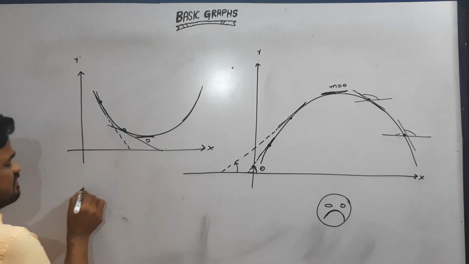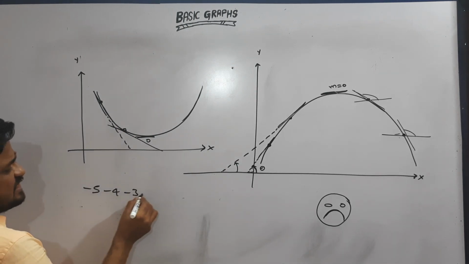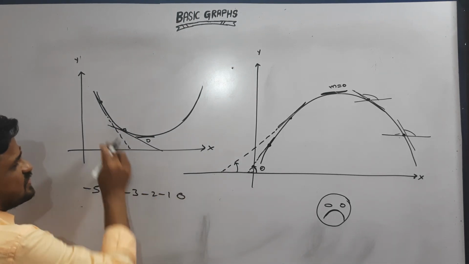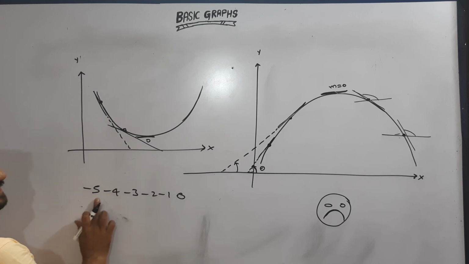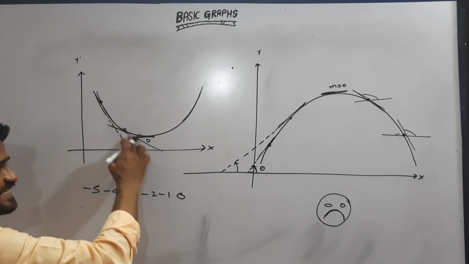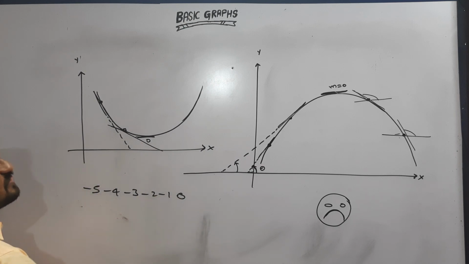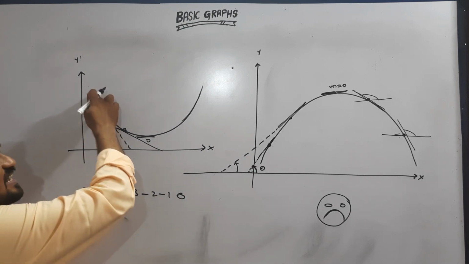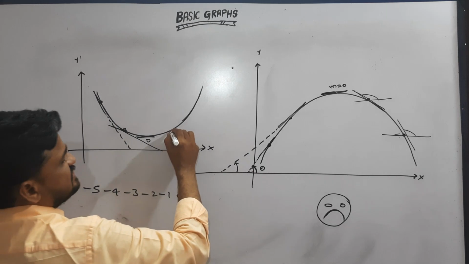Negative, that is, -5, -4, -3, -2, -1, 0. That means slope increases. Here slope is negative, but increases to 0. This graph represents slope increases.